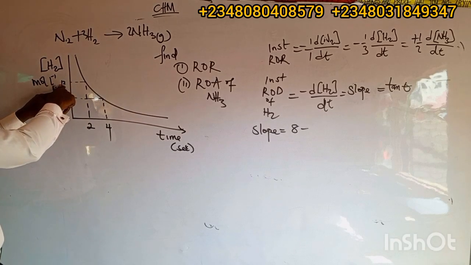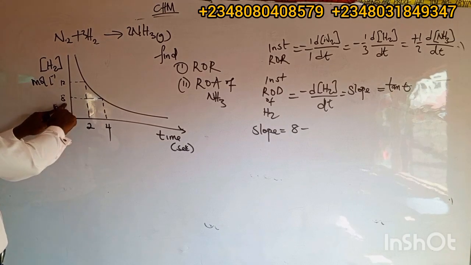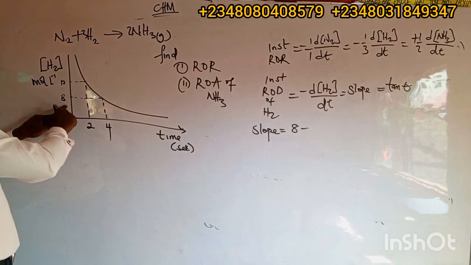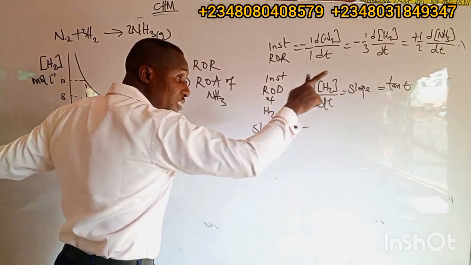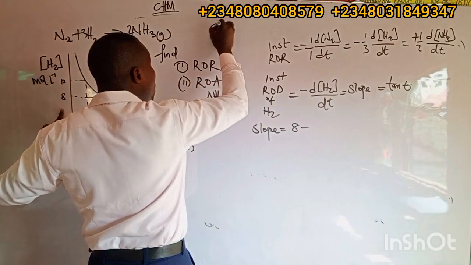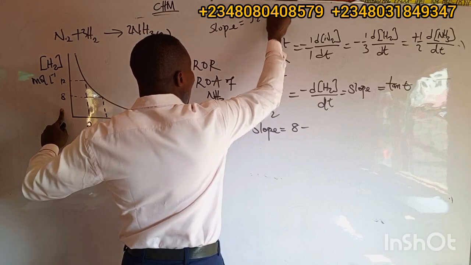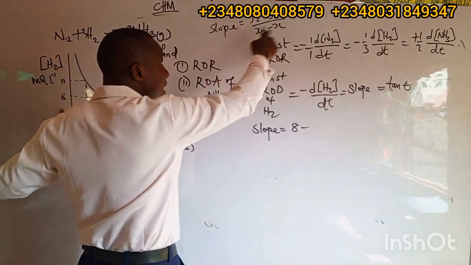The initial concentration is 12. Final is 8. Initial concentration 12. Final concentration 8. And slope is y2 minus y1 over x2 minus x1. Don't forget that. Slope is given as change in y-axis, y2 minus y1 over x2 minus x1. Final minus initial.